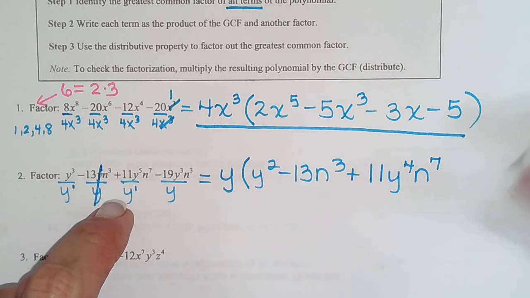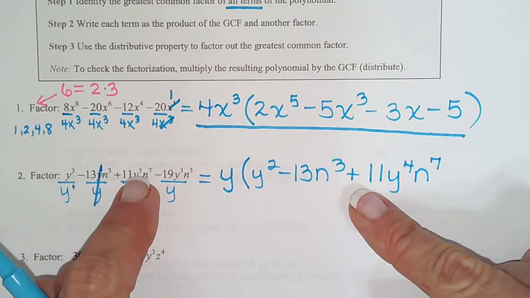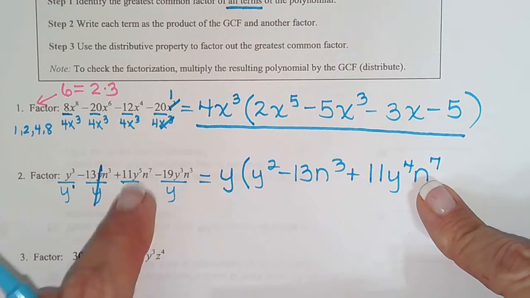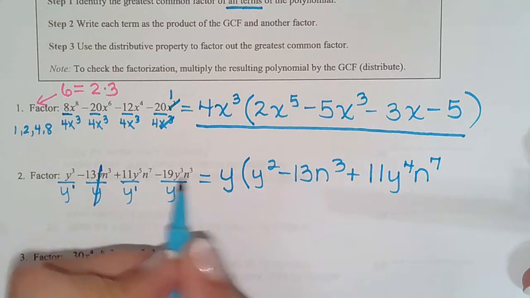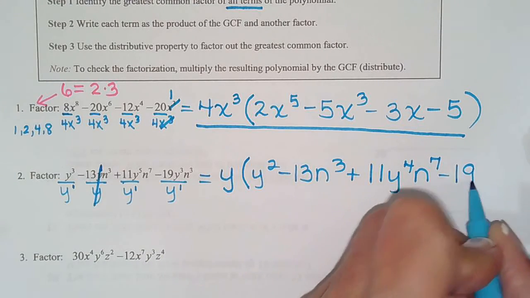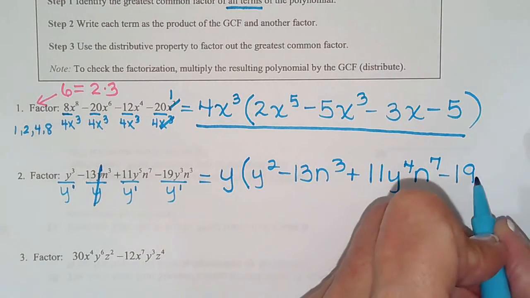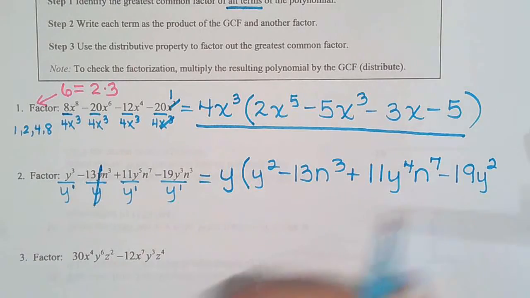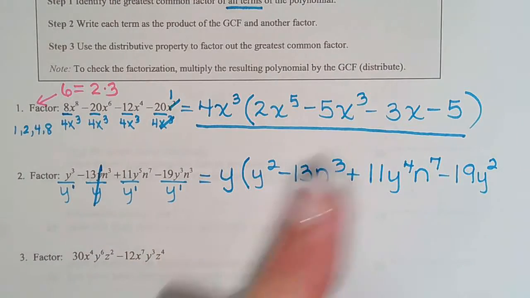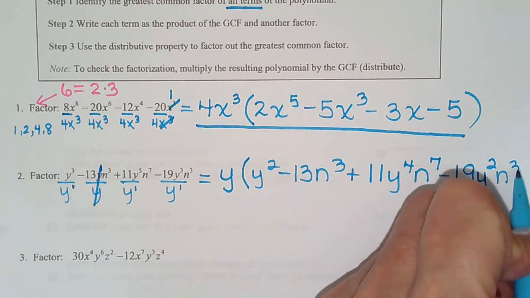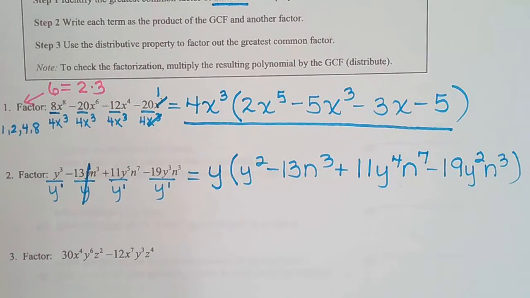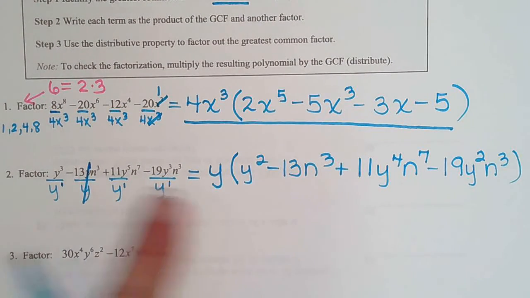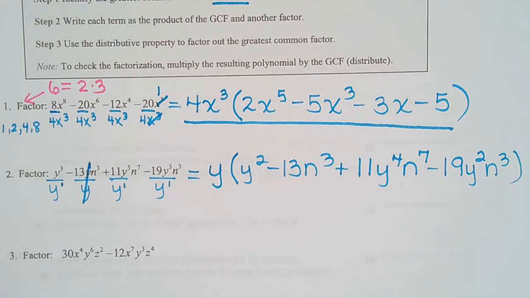So 11 divided by 1, 11. 5 minus 1 is 4, and then into the 7th. And then minus 19. 3 minus 1 is y squared. And then we have the n cubed. And that's called factoring out a greatest common factor, whatever's common to all the terms. So go ahead and try the next one.